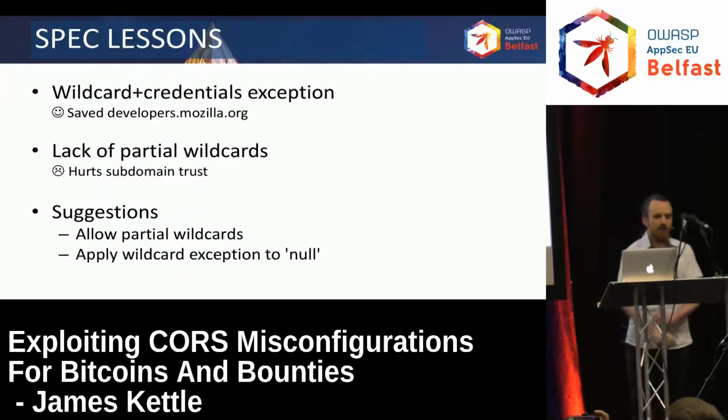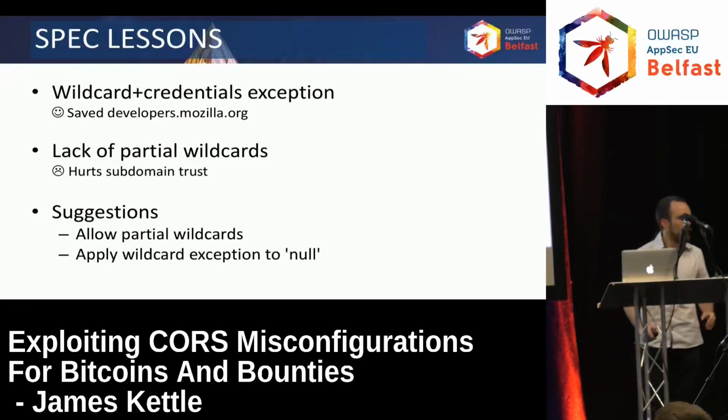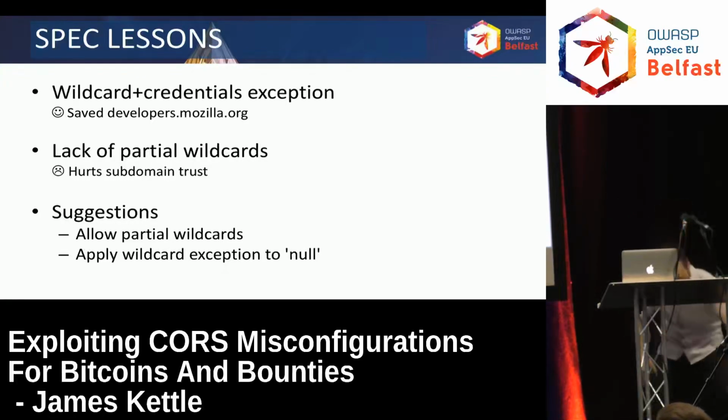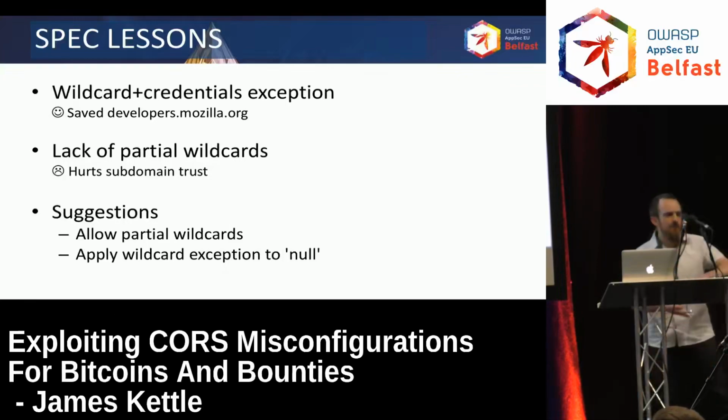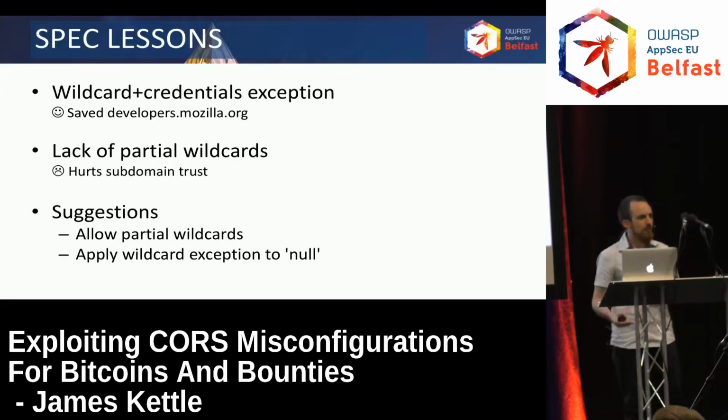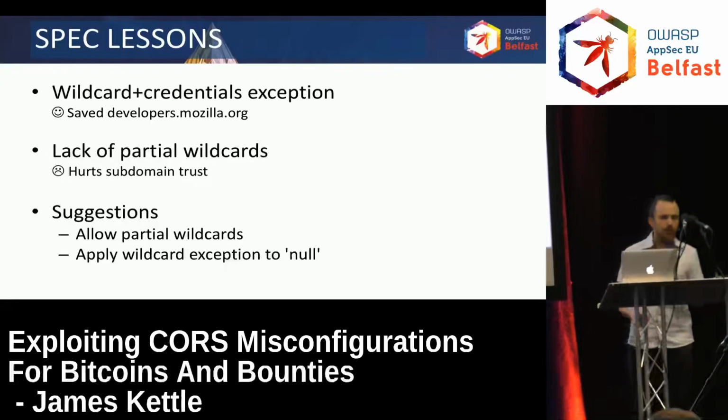As far as the specification goes, I think the wildcard exception with credentials has been a good thing for security, because we've seen it save sites like developers.mozilla.org. But I think it should be applied to the null origin too, because that's just as dangerous, or more dangerous at the moment.